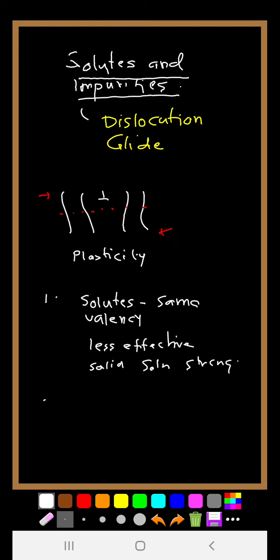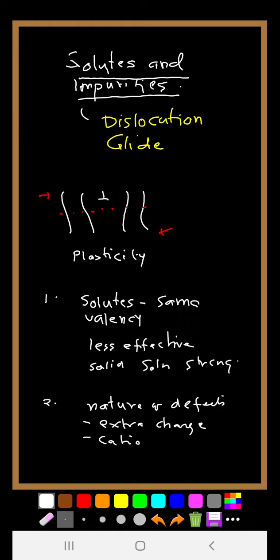Now, secondly, the nature of defects is important because they may provide an extra charge, and that extra charge may cause a cation vacancy.